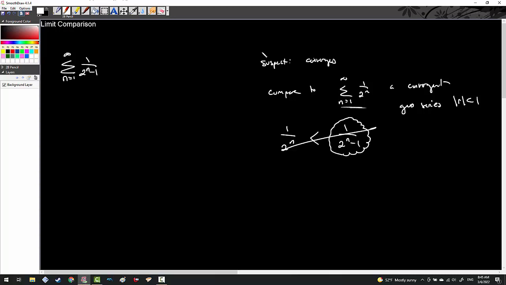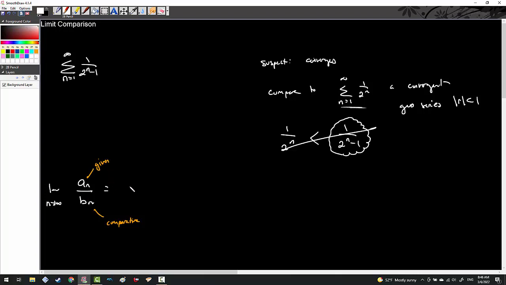And so the way limit comparison test works is, in general, if I take the limit as n goes to infinity of a sub n over b sub n, again, with a sub n being the given series, and then b sub n being the comparative series. And again, we're just going to take the limits of the sequence generators here.